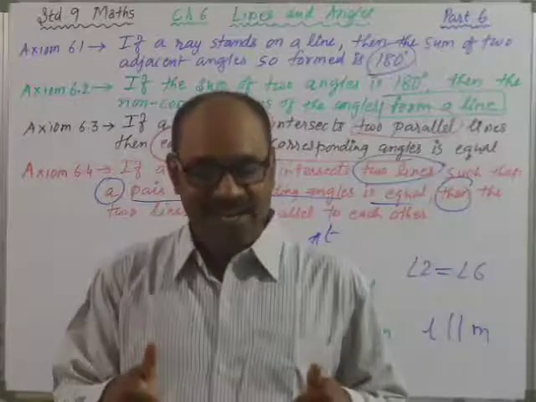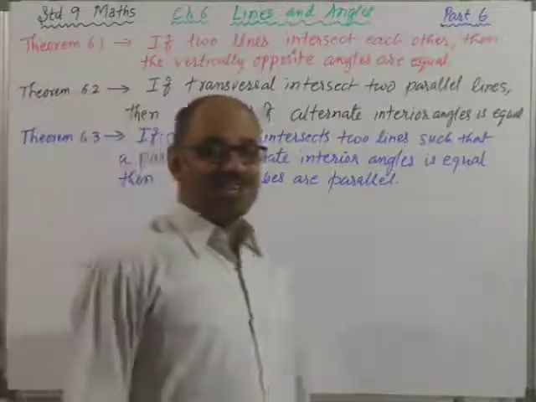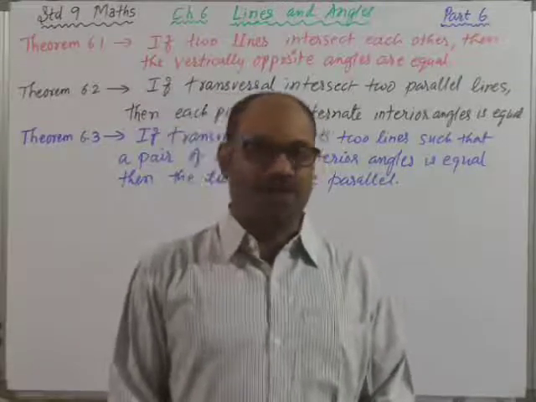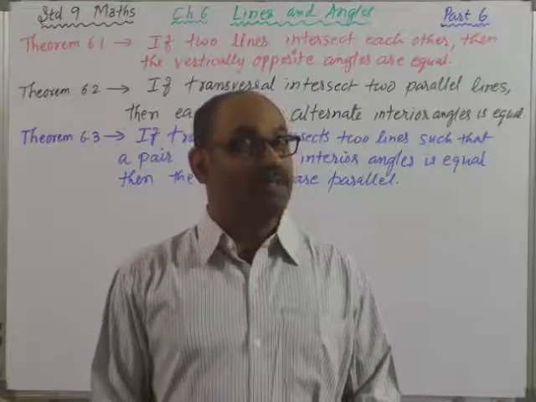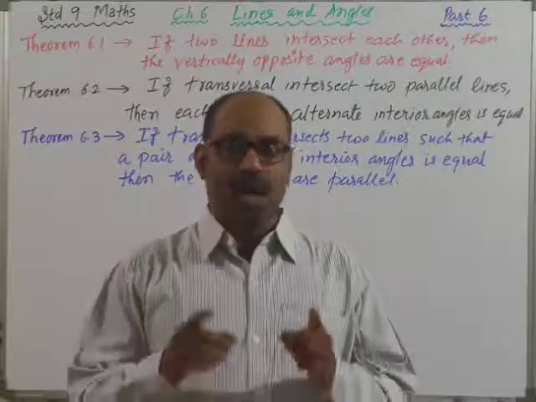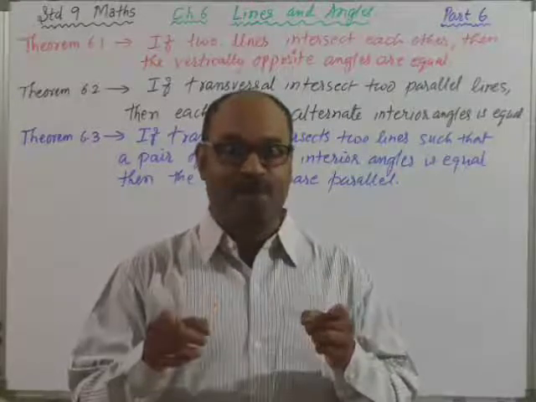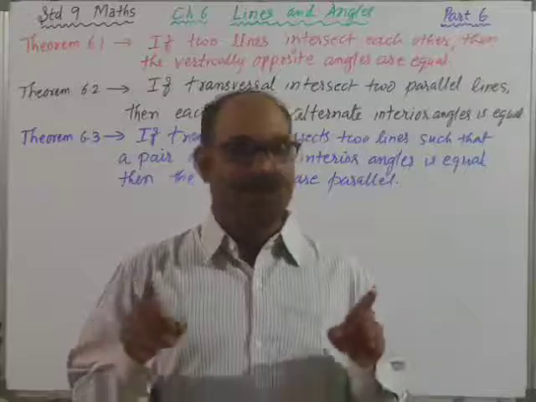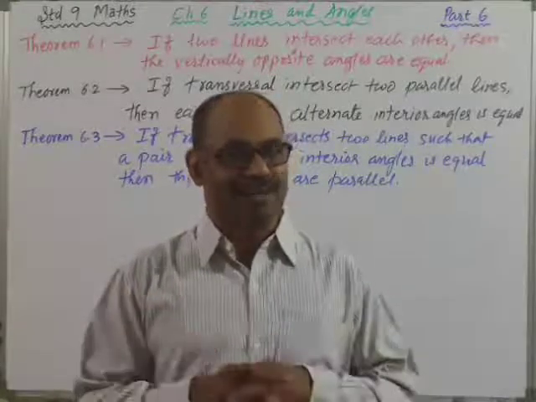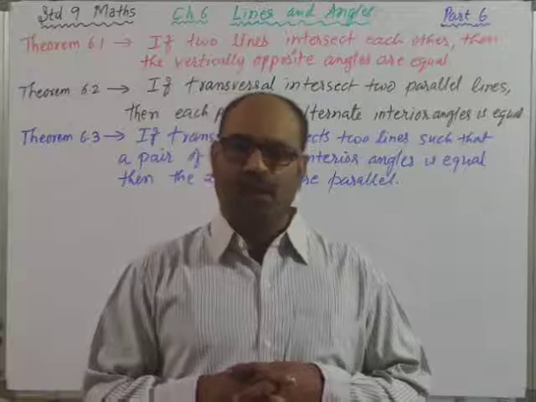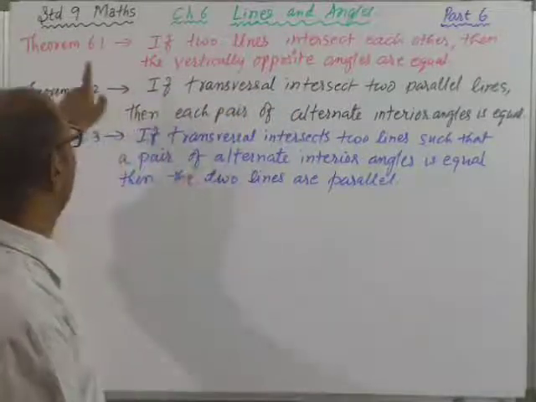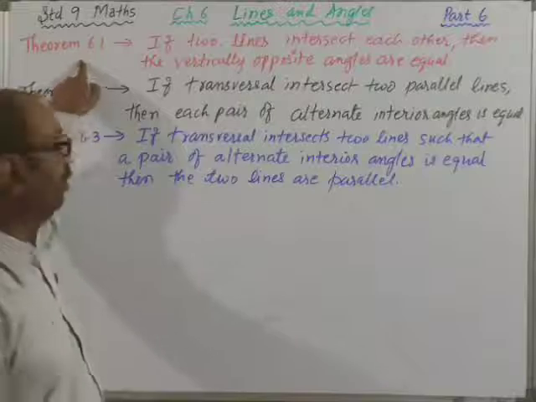Okay? Good. So children, we just saw axioms 6.1, 6.2, 6.3 and 6.4. Now we are going to see theorems, and theorems need proof. They are true statements, but proof has to be given using your logical reasoning. Actually, in the textbook, the first theorem was this, which we have already done.